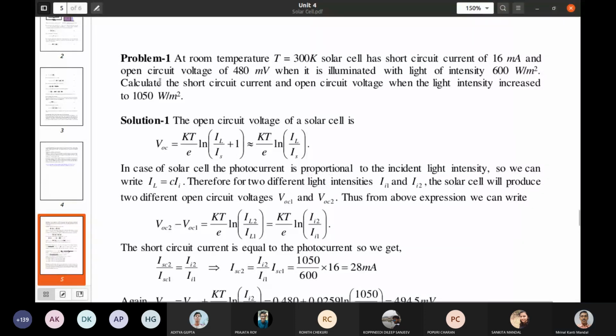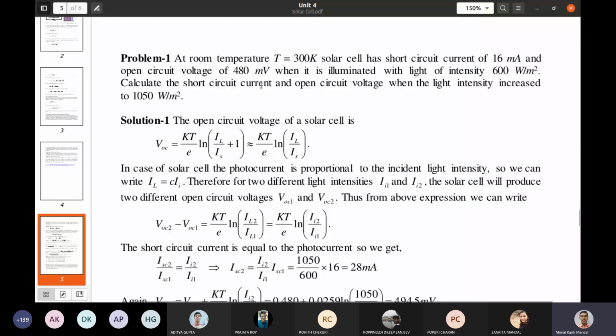Problem 1: at room temperature T equal to 300 K, a typical solar cell has short circuit current of 16 milliampere and open circuit voltage of 480 millivolt.